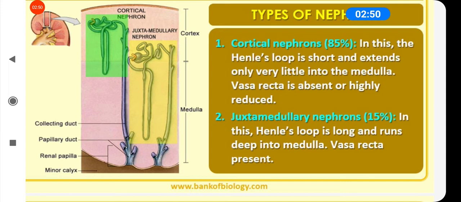Whereas in the nephrons present near the medullary region, the loop of Henle is long and present deep in the medulla, and vasa recta is present. So these are the two types of nephron, cortical nephron and juxtamedullary nephron. The cortical nephron forms about 80% of the total nephron count. The remaining 20% are juxtamedullary nephrons.